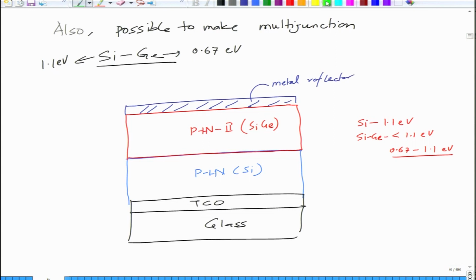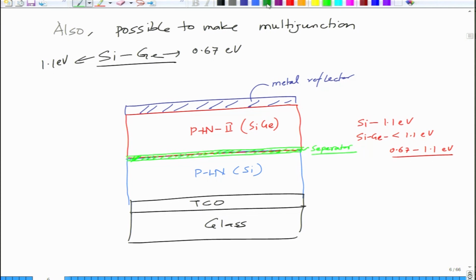As I said, in between it is possible to put a layer also, which will alter the design, so you can isolate the two cells. It depends upon the type of design of the solar cell. So it could be a separator which can possibly be put in between.